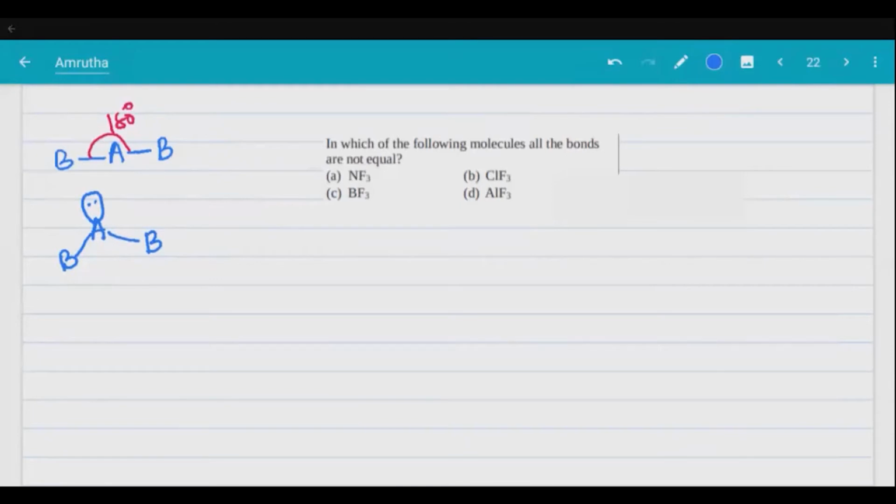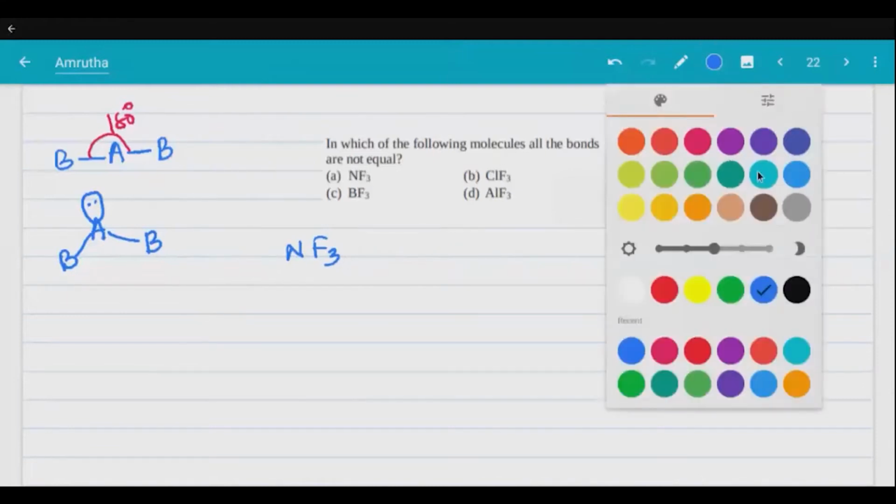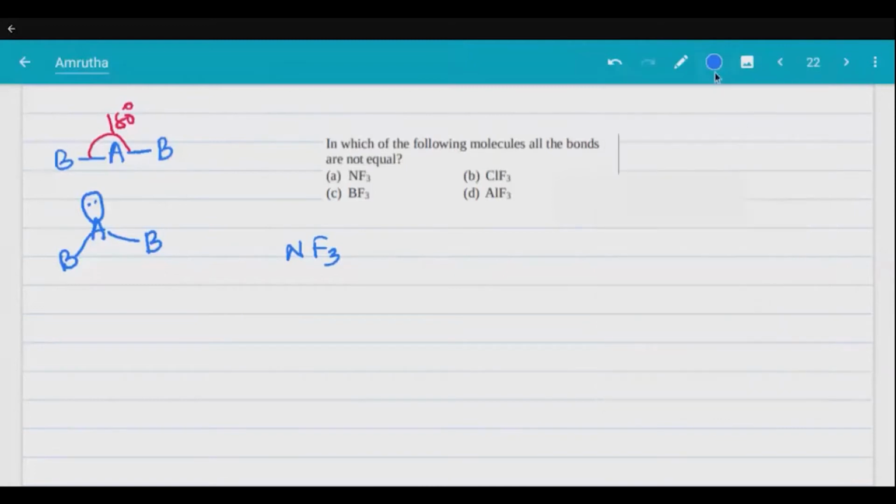Just now we discussed the trick also, to find out hybridization. So first one I'll do, the rest you can do easily. NF3, obviously, which one is the central atom? Nitrogen, because nitrogen valence electrons are 5, right? Valence is more for nitrogen, so I'll choose nitrogen here.